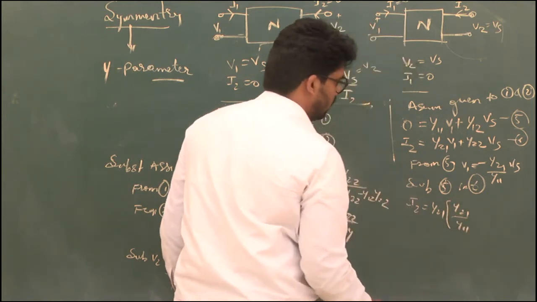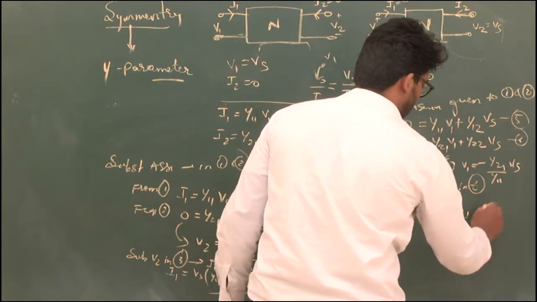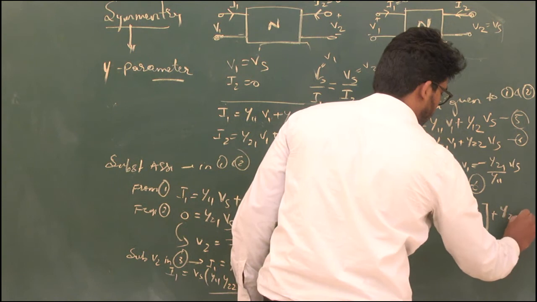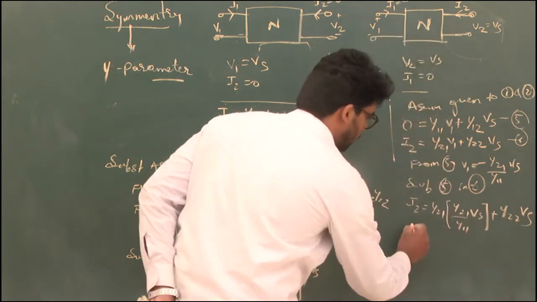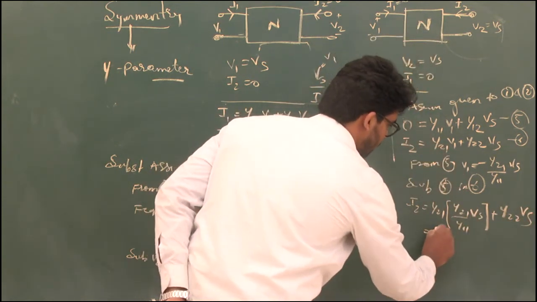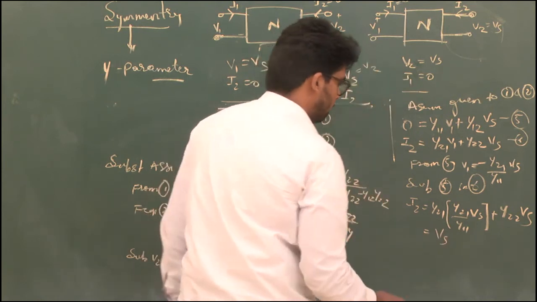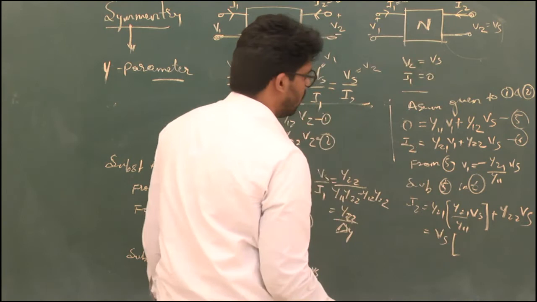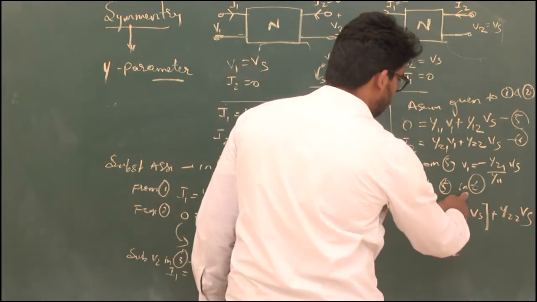plus Y22 Vs. So therefore again we make Vs common. And you will get here minus.